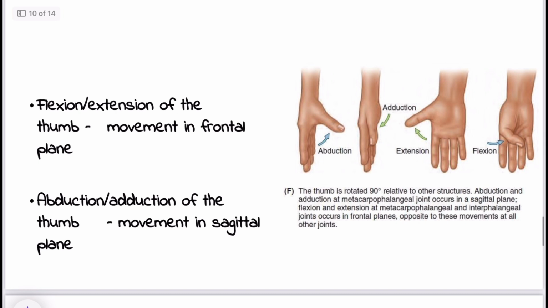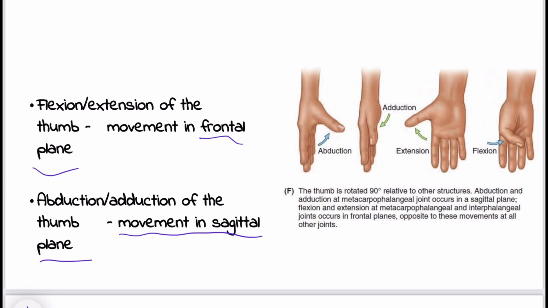And flexion and extension of the thumb is movement in the frontal plane, while abduction and adduction of the thumb is movement in the sagittal plane. And you can see it here on the right.